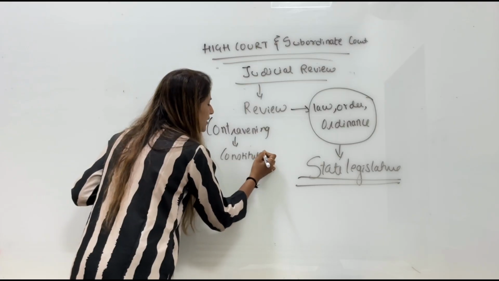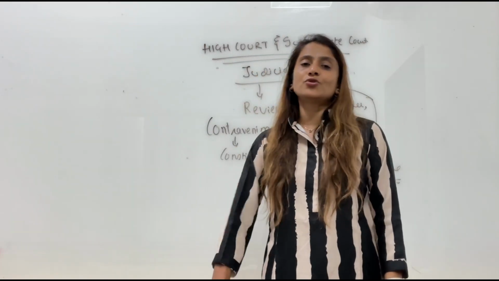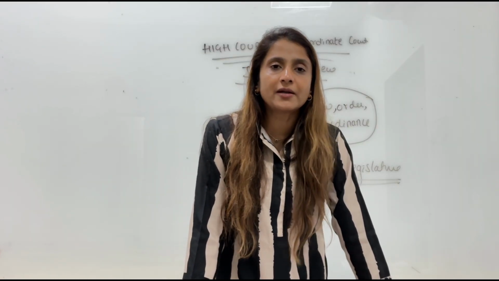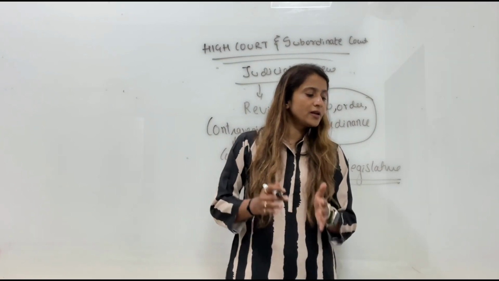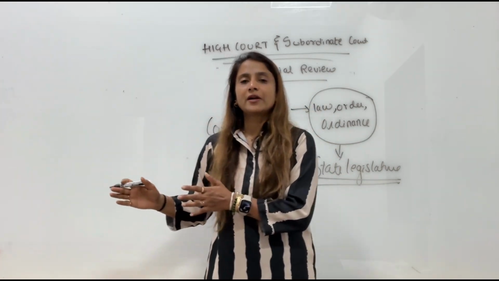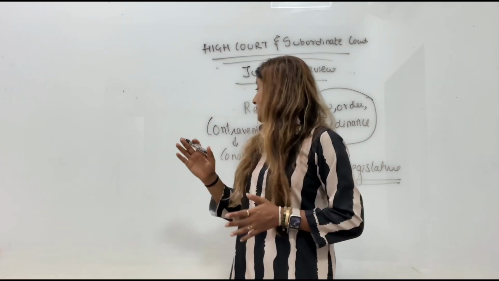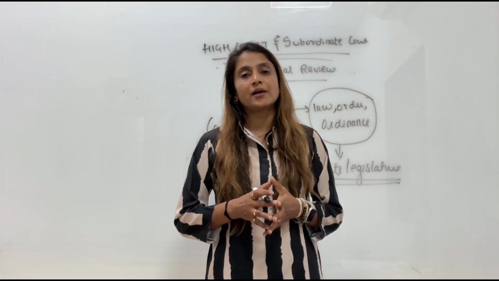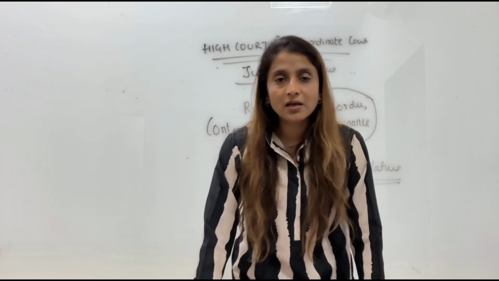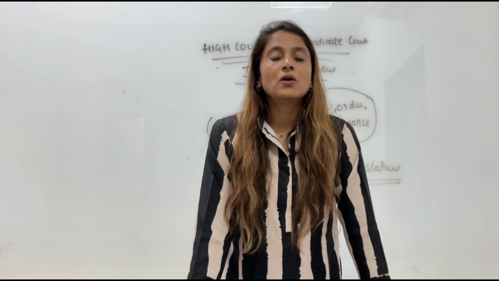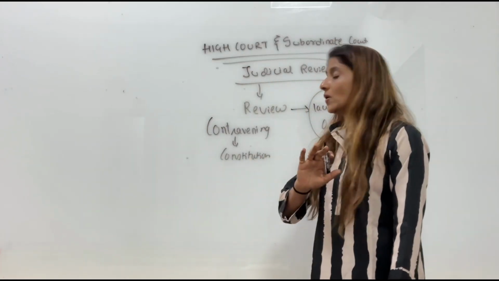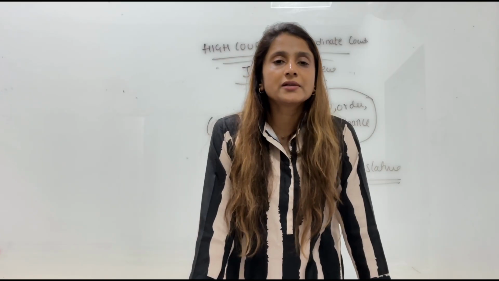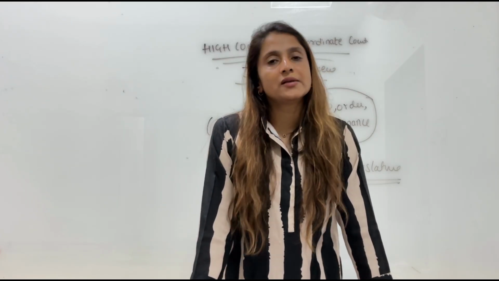If they feel that the law is not as per the provisions of the constitution, or that this law is violating our fundamental rights, then High Court will declare that law as null. High Court will declare that law as void, and they will remove it permanently from our constitution. They will declare that law as null. They will declare that law as void.